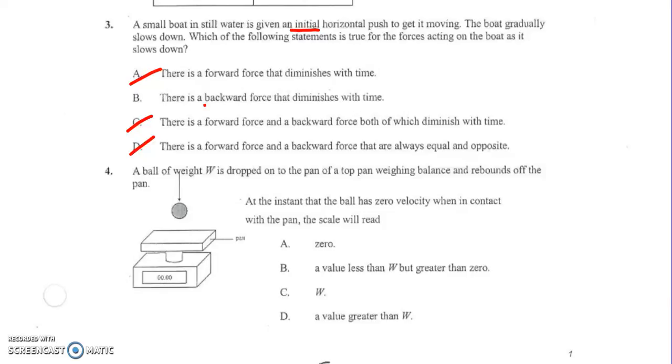So now we know that there's some force going backwards, and not that this is relevant here because there's only one choice that does not talk about a forward force. The diminishing with time, and that's because as the drag goes across the water, there's a velocity dependence with drag, unlike friction. So therefore, that force, as it slows down, gets less and less.